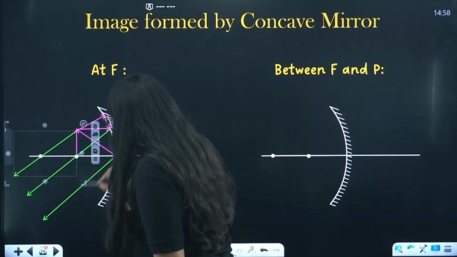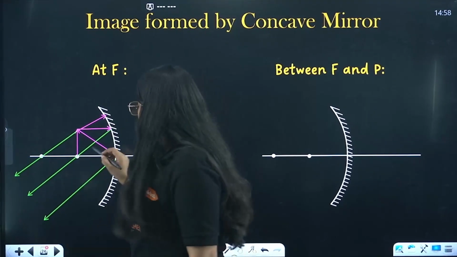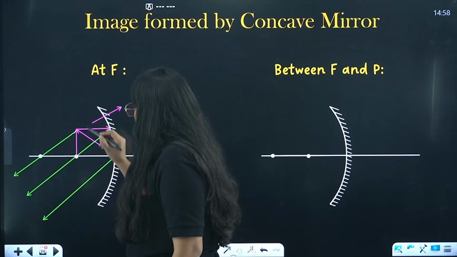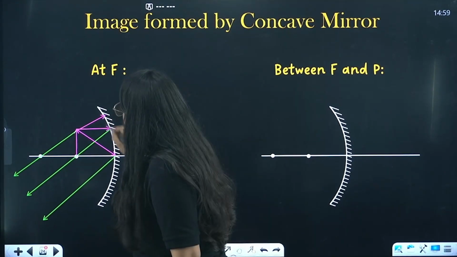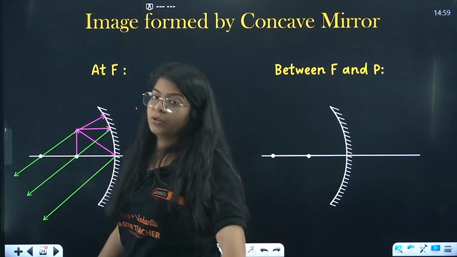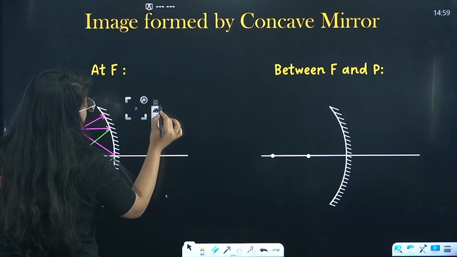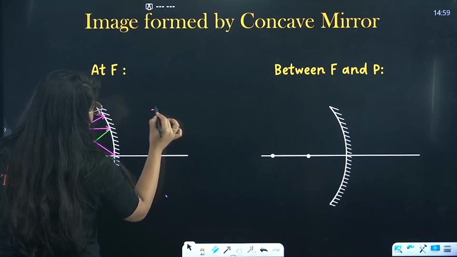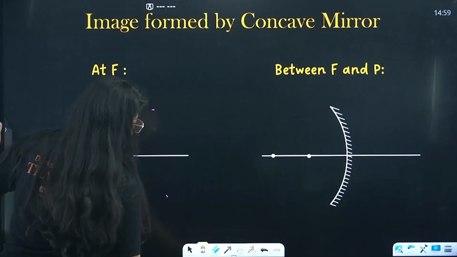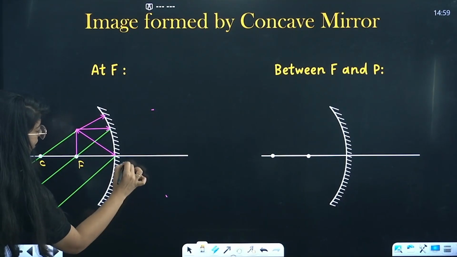Out of these, this parallel ray going into the focus is compulsory. From this, passing through pole and reflecting, or hitting the mirror surface, turning back and passing through center of curvature, you can do that as well. Both, beta, are true. Let me just remove this. Can I? Okay, I can't. Okay, done. This is your focus, center of curvature, pole.